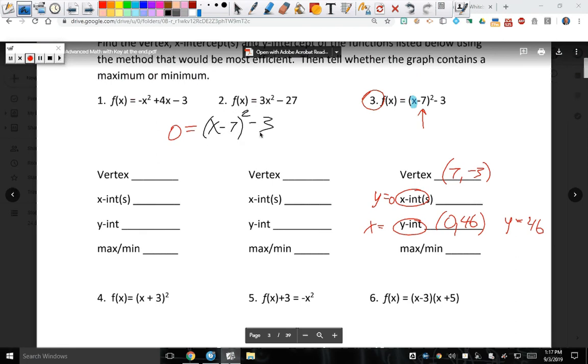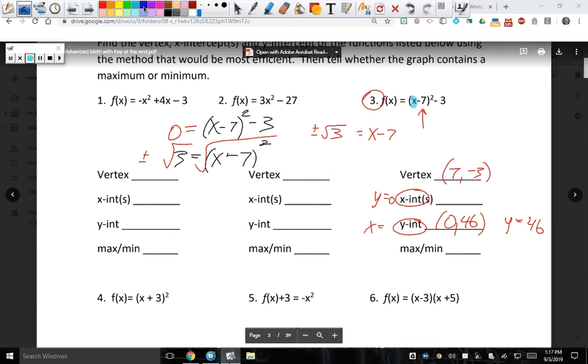Here we go. What do I do first? Add 3. What do I do, most important second, that a lot of people forget? Square root with a plus or minus. Okay? So square root with a plus or minus will give me x minus 7 is equal to a positive or negative square root of 3.